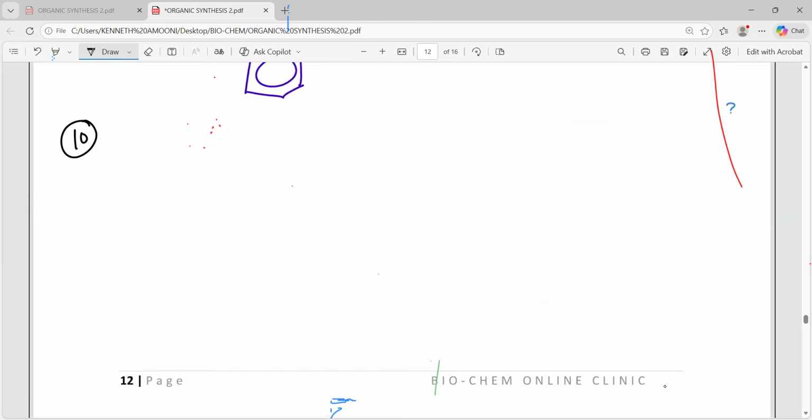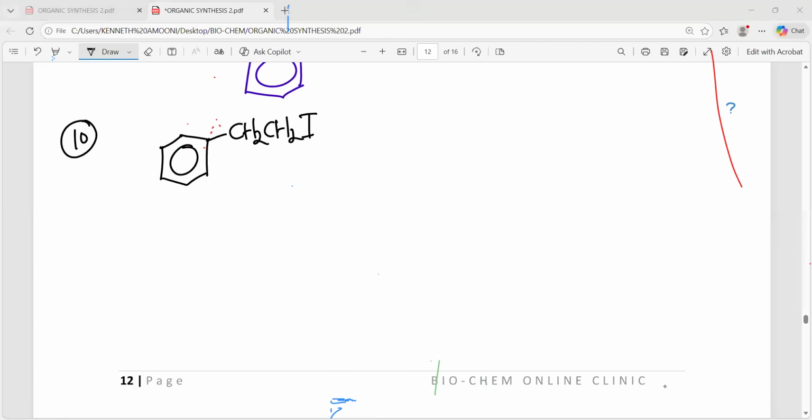Number 10. On number 10, we are moving from this compound to this compound.